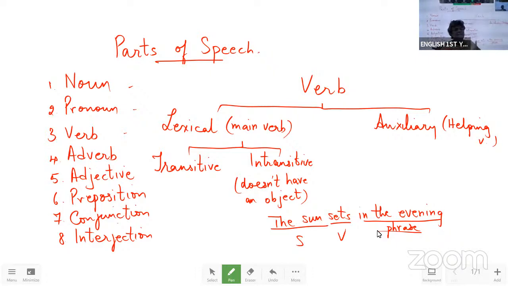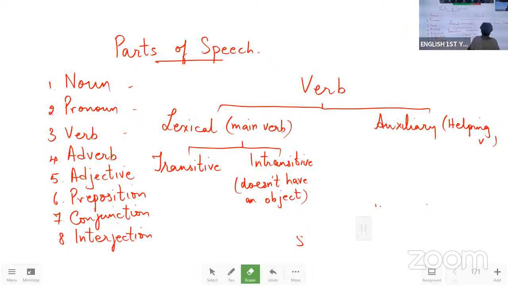It is incomplete. It doesn't make complete sense. In the evening what? In the evening I went out, in the evening I read the book, in the evening I went shopping. So it makes sense, but not the complete sense. And that is why such group of words are known as phrase. And intransitive sentence doesn't have an object.